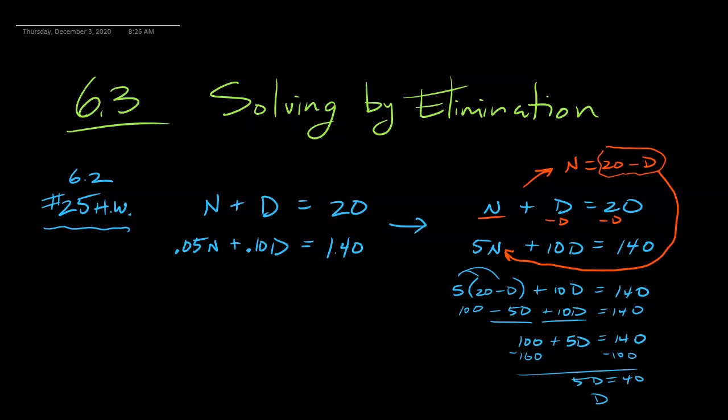Divide by 5. I'm running out of space here. Not 80 dimes, 8 dimes. So I end up getting 8 dimes, and then the number of nickels is 20 minus the number of dimes. So 20 minus 8 would be 12 nickels. And so those would be the two answers you get from this.